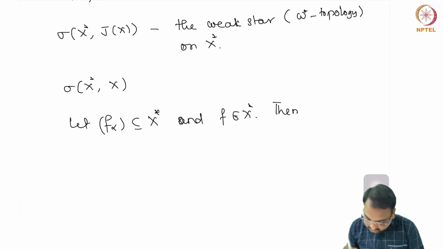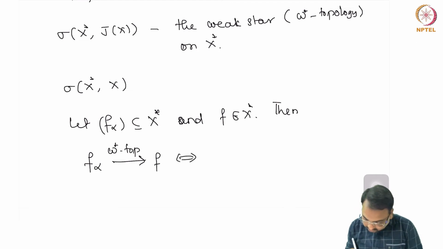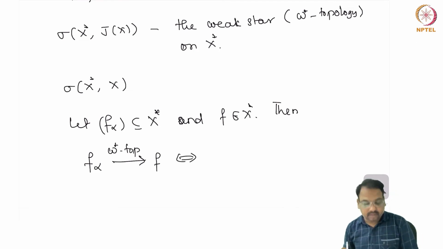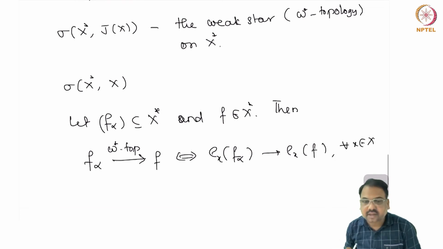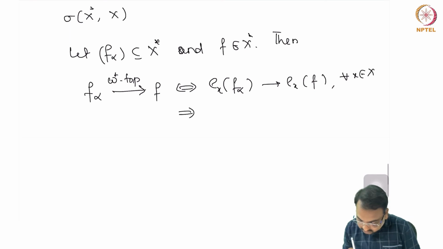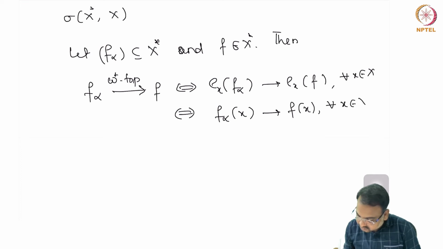Then we can say that f alpha converges to f in the weak star topology if and only if Ex(f alpha) converges to Ex(f) for every x in X. So this is nothing but f alpha(x) converges to f(x) for every x in X.